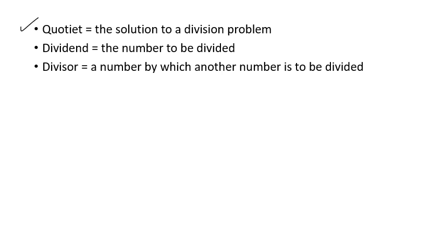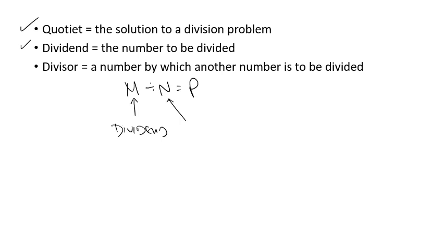The dividend is the number which is to be divided. It's kind of not a great definition, so if we look at an example, we say m divided by n equals p. Then this would be my dividend, because that's the number that's going to be divided.